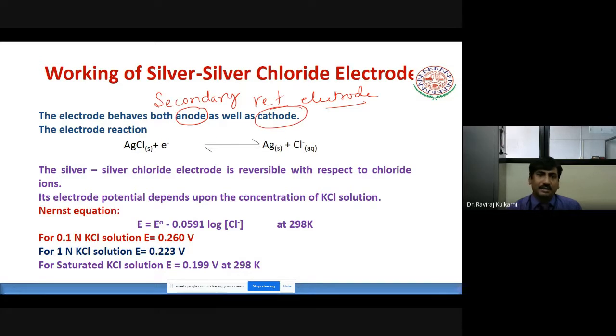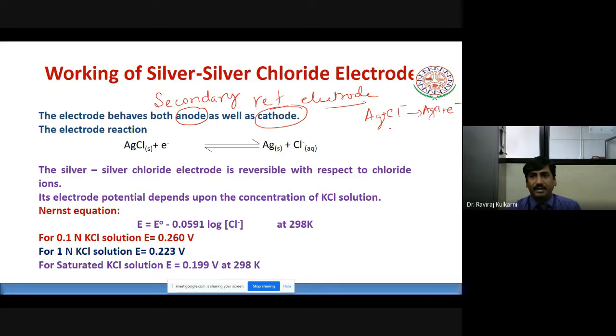Okay. So when it behaves as anode, Ag plus Cl minus has to give AgCl plus electron.